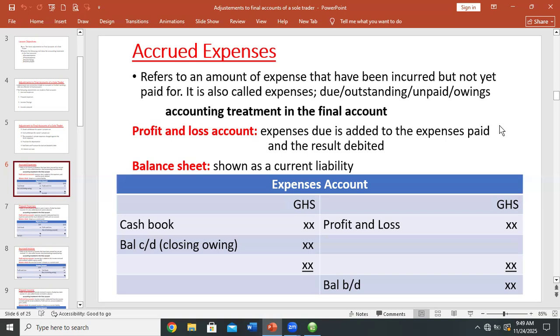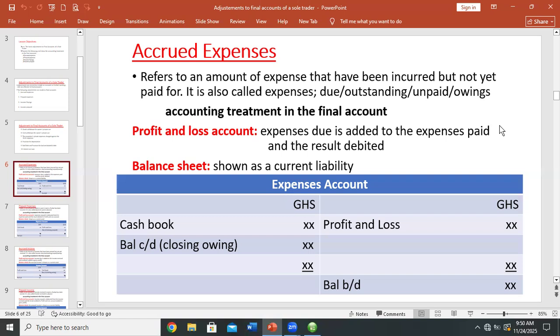What it simply means is you haven't paid. However, when you are summing up your expenses for the year 2024, you will not exclude that amount you haven't paid. Please listen carefully. If you are looking for your expenses for the year, which is 12 months, you can't say that because you haven't paid for 3 months, you are not going to include that. So yes, you haven't paid, but it still forms part of your rent expense for that 12 months period.